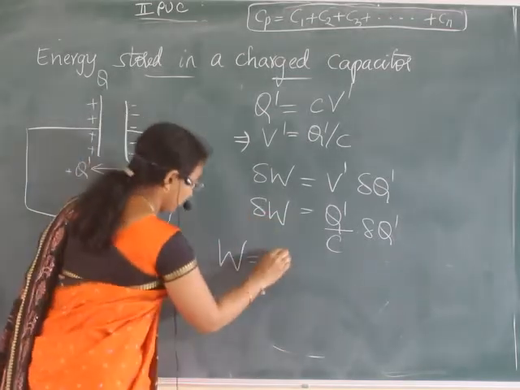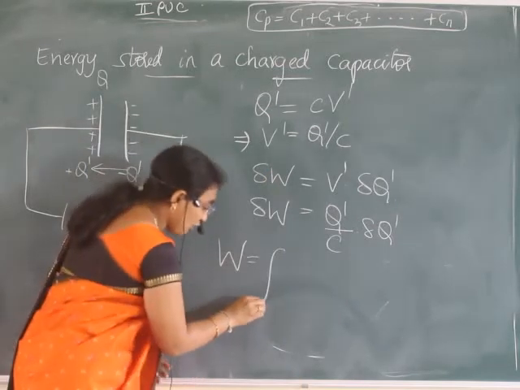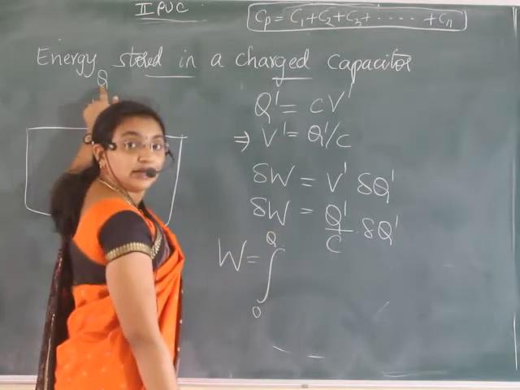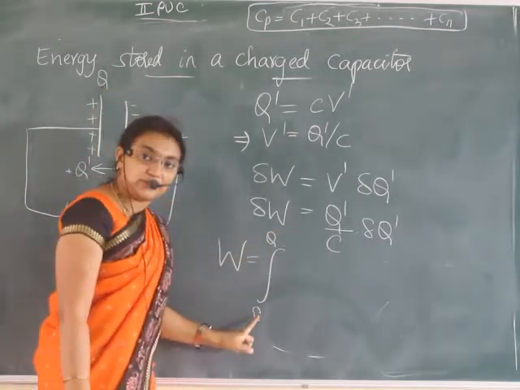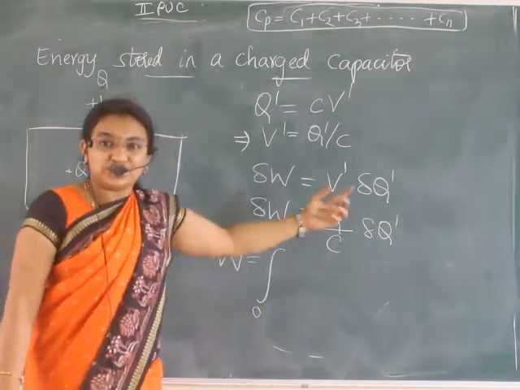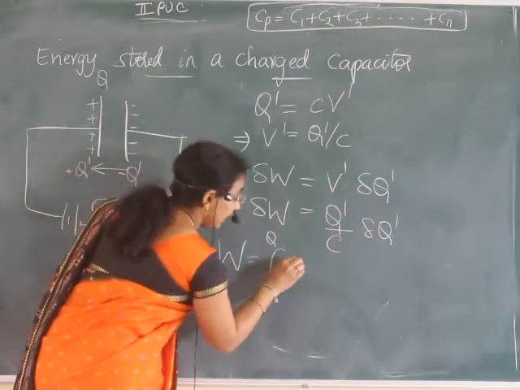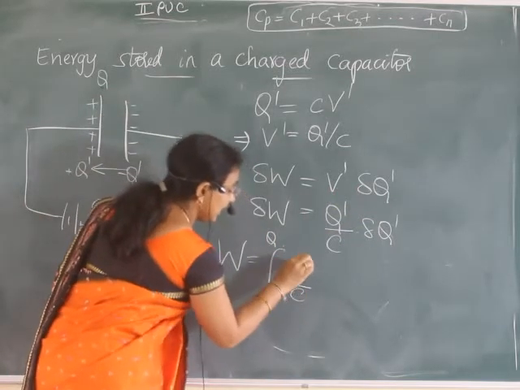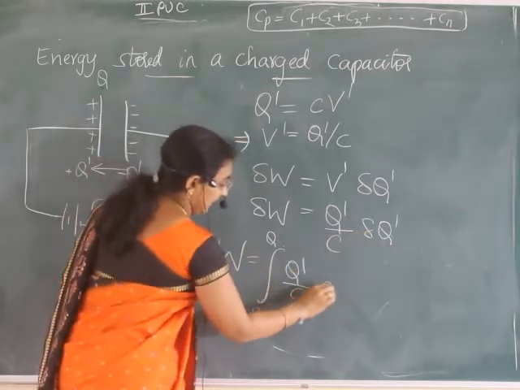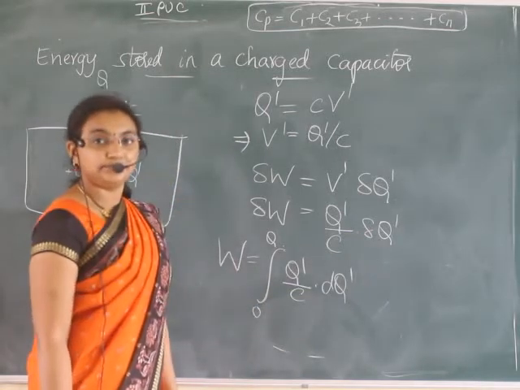So, integration, total work done from charging it from 0 to fully charged means how much? Q. Correct? To make it completely charged. Your mobile is not at all charged now, so 0. Full charged, Q. Therefore, 0 to Q, Q dash by C into, instead of delta, we'll write dq dash for integration.